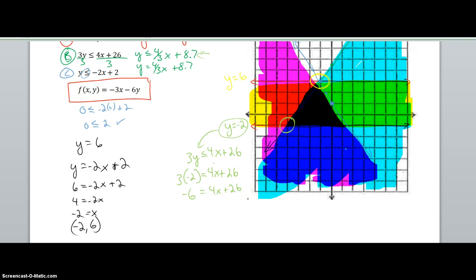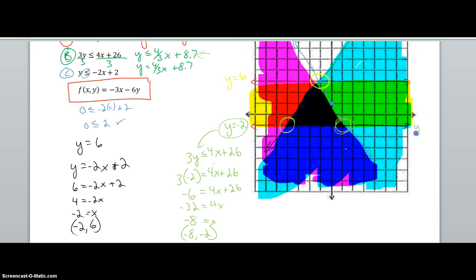Now I'm going to subtract 26 from both sides, and I should get negative 32 equals 4x, and x equals negative 8. So our second vertex is (negative 8, negative 2), since y, like we said, is negative 2.